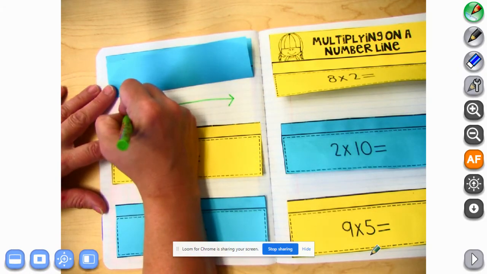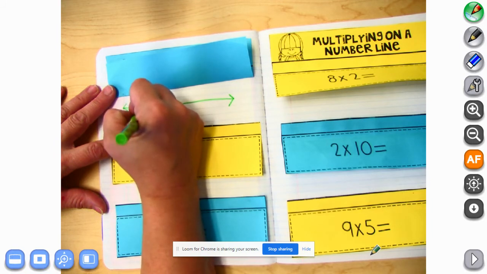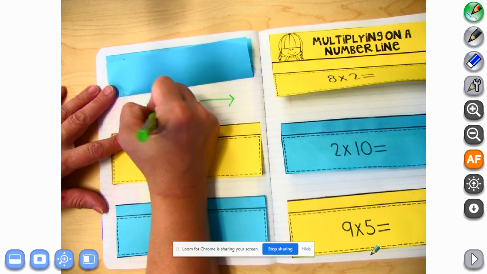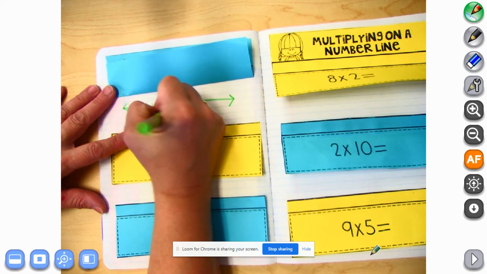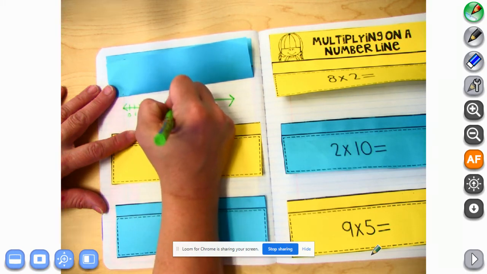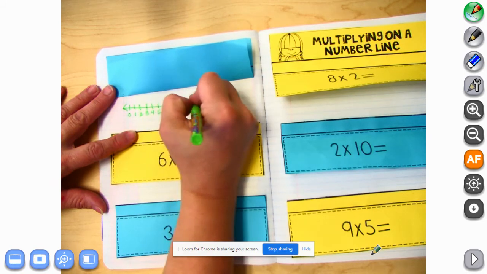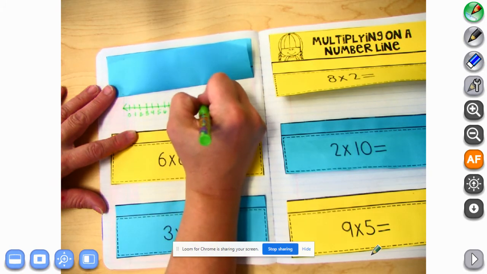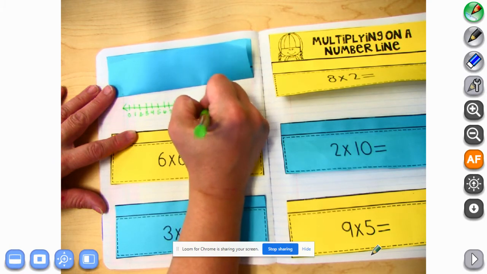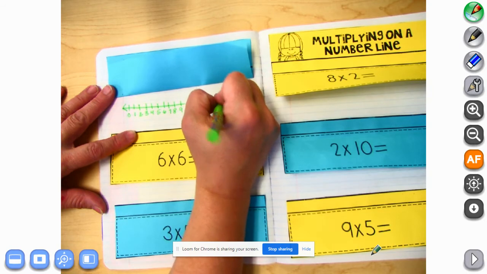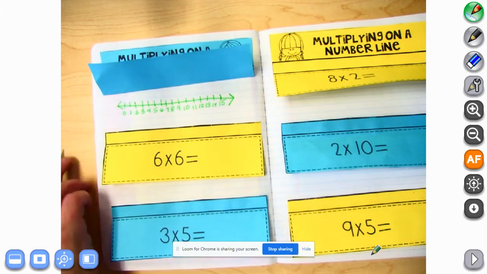So here's 0, 1, 2, 3, 4, 5, 6, 7, 8, 9, 10, 11, 12, 13, 14. I think I can get 15 in here. 15. All right. I don't know if we're going to need to go that high.